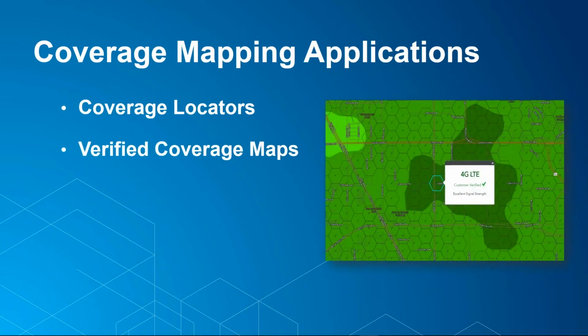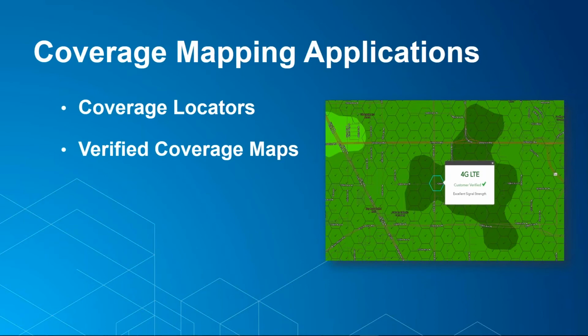You can also create verified coverage maps. A lot of service providers today are trying to show their customers that this isn't just planned or raw data coming from an engineering tool, that we've actually done a drive test or collected CDR data from customers and verified the quality of service in a particular location.